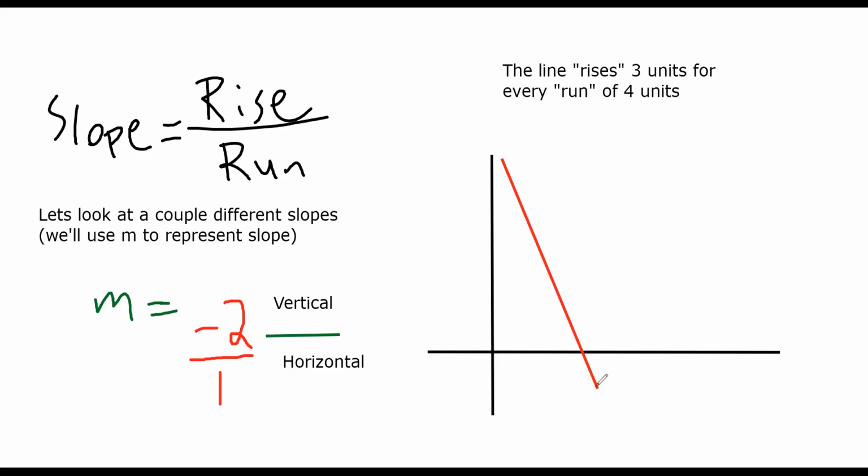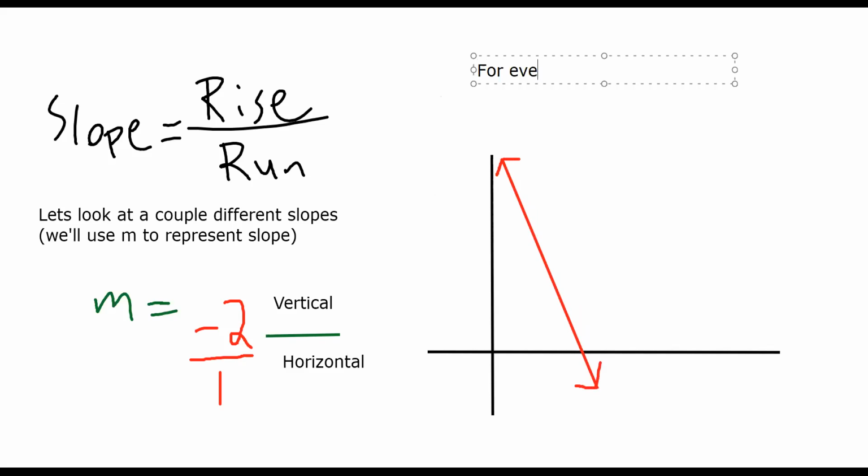And now calling it rise over run, it's probably better to call it fall over run. But we're not going to worry about that. We're still going to talk about the run going to the right. And now we're just going to talk about the vertical change. Now what this means is for every run of 1 unit, the bottom number, the line doesn't rise anymore, it falls 2 units because it's negative and 2 is the number on top.